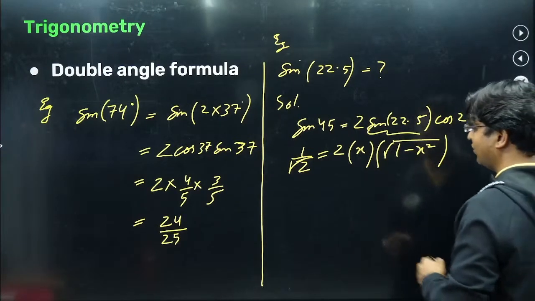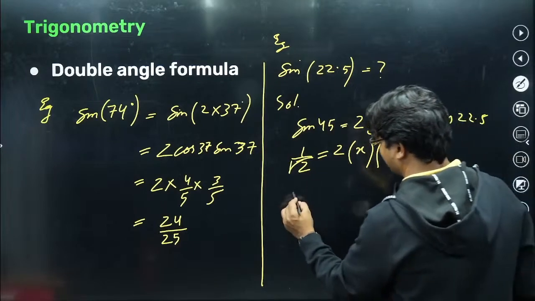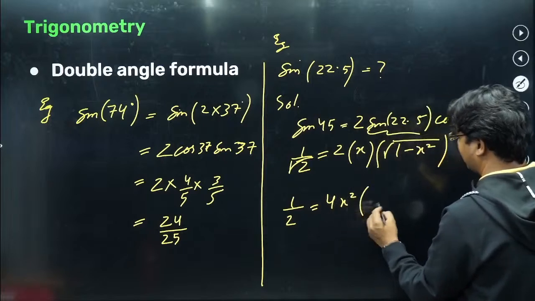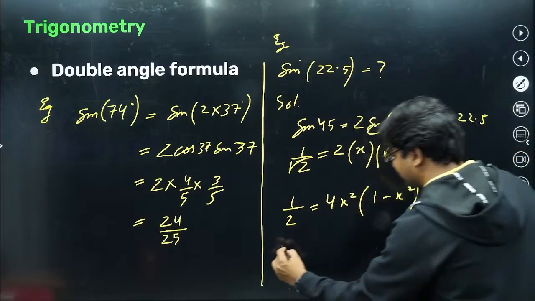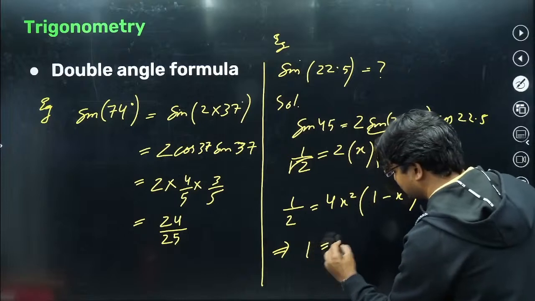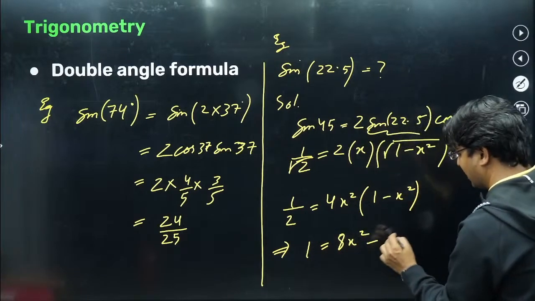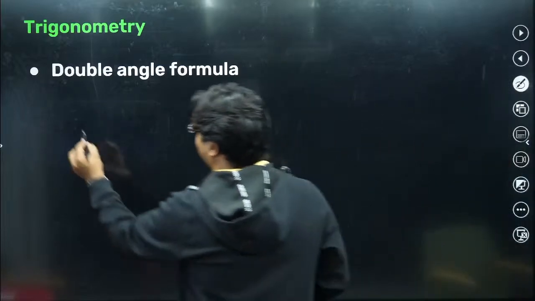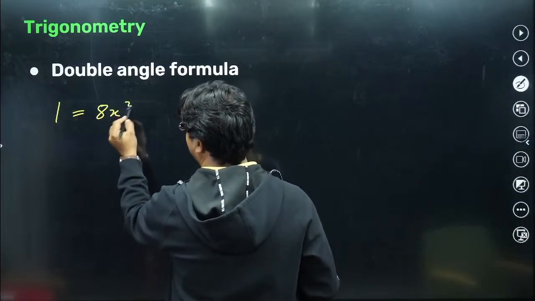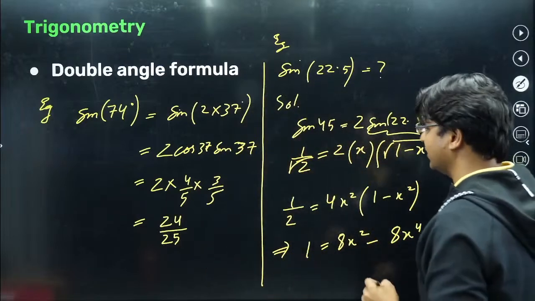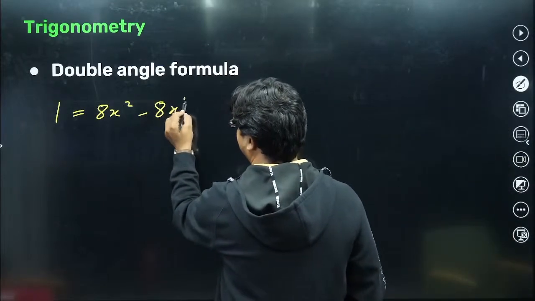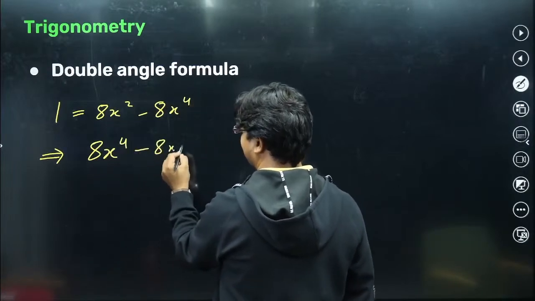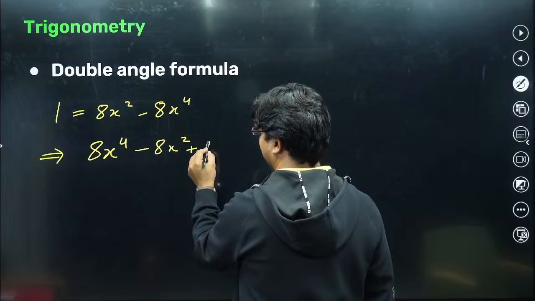Now if I square both sides, it will become 1 upon 2 is equal to 4x square into 1 minus x square, which can then be written as 1 is equal to 8x square minus 8x raised to power 4, or we can write it as 8x raised to power 4 minus 8x square plus 1 equal to 0.